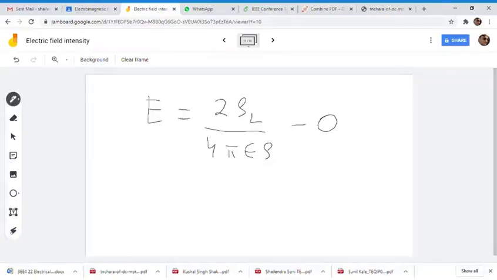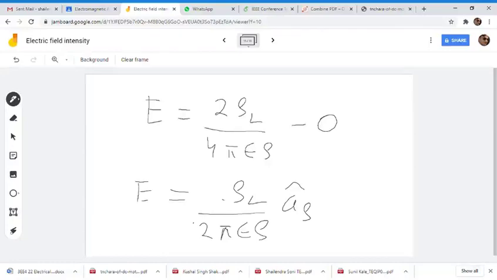This is the magnitude. So the electric field we can write as 2 rho L upon, sorry, we can cancel this 2 term from the numerator and bring it to the denominator, 4 pi epsilon rho, and it will be in the direction of a rho.